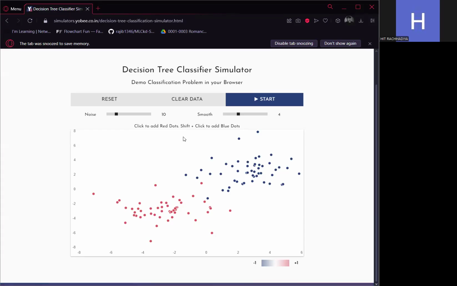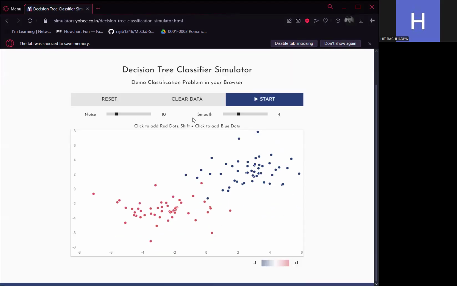Then what are the applications, or where can we use the decision tree classifier in the real world? We can use the decision tree in spam detection, fraud detection, and medical diagnosis. Other than that, for regression purposes, we can use this for predicting house prices and stock market trends. And in feature selection, we can use it for identifying important variables in a dataset.